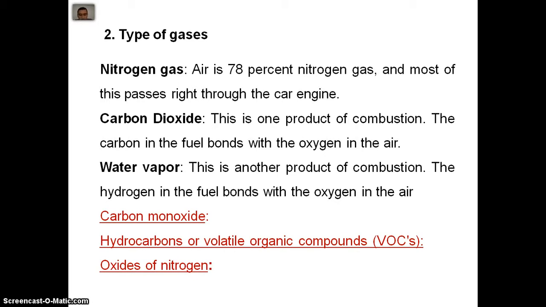The hydrocarbon is produced mostly from unburned fuel that evaporates, where the sunlight breaks this down to form oxidants, which react with oxides of nitrogen to cause ground level ozone, a major component of pollution. The oxides of nitrogen contribute to smoke and acid rain, and also cause irritation to human mucous membranes.